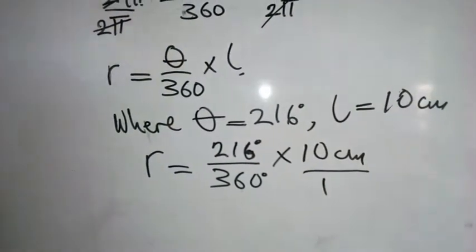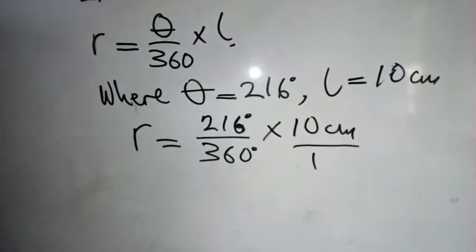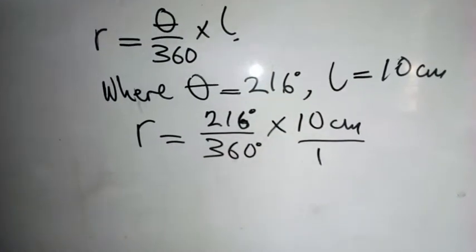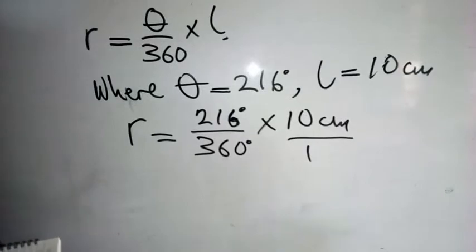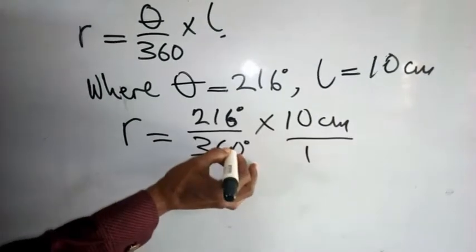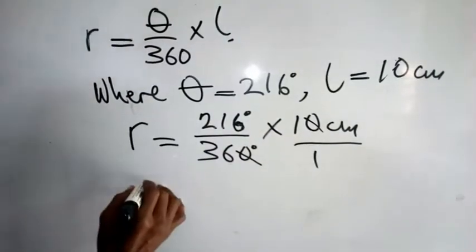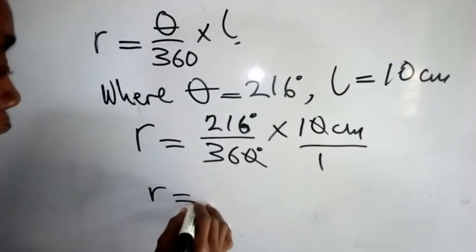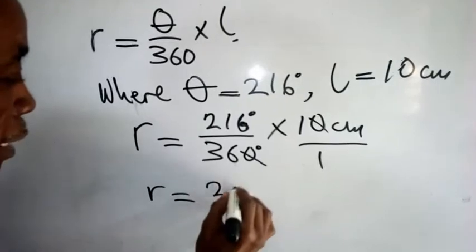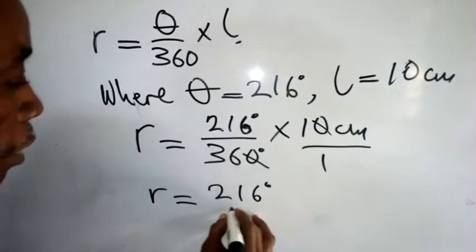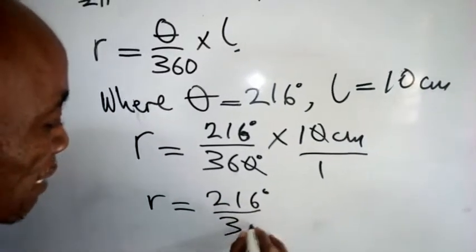My beloved students, by the time you finish this, you'll be able to teach your younger ones at home. Now look at it. If this 0 cancels this 0, you are left with R, the radius, to be 216 degrees all over 36.